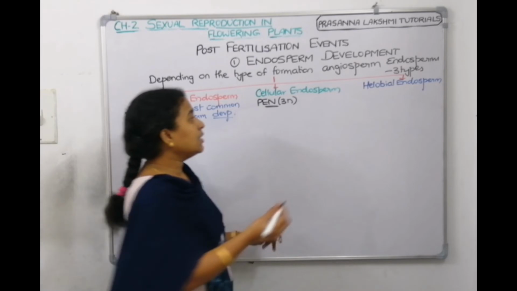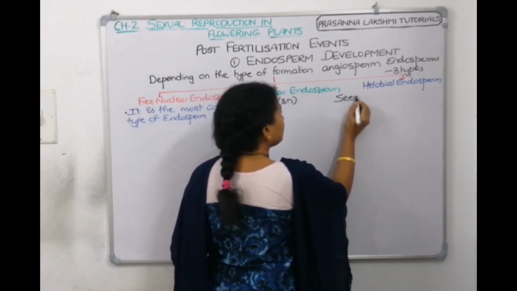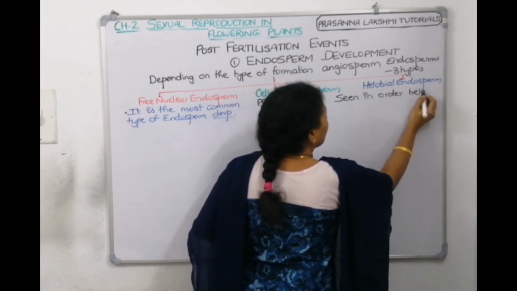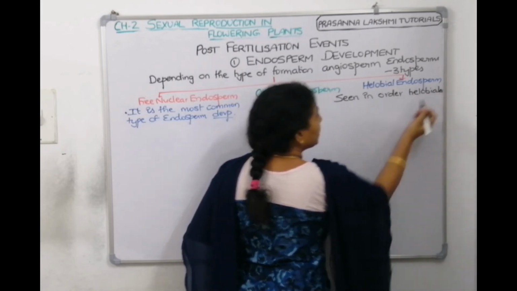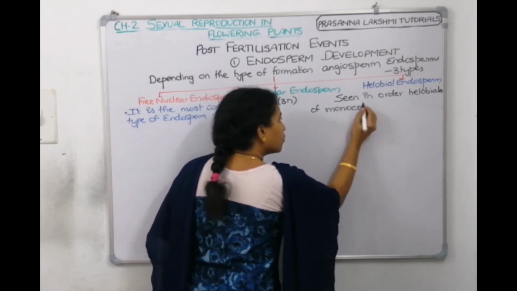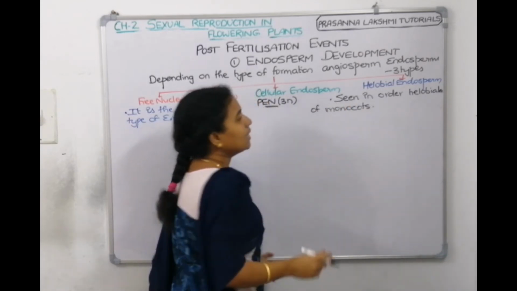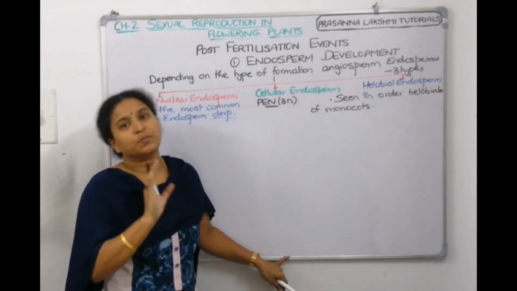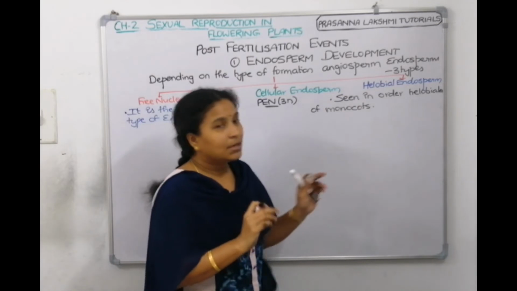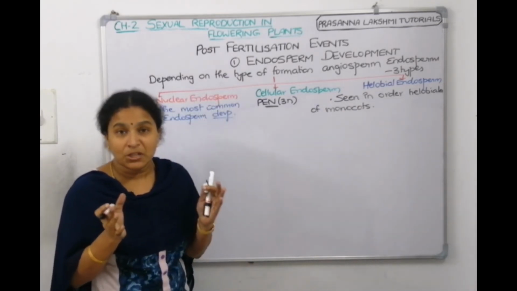So children, where is it seen? It is seen in the order, what is that order I told? Helobiales. It is seen in the order Helobiales of monocots. So that is why it is called halobial endosperm formation. Now we got a clue what we meant by the halobial word. Now which type of endosperm formation is it?